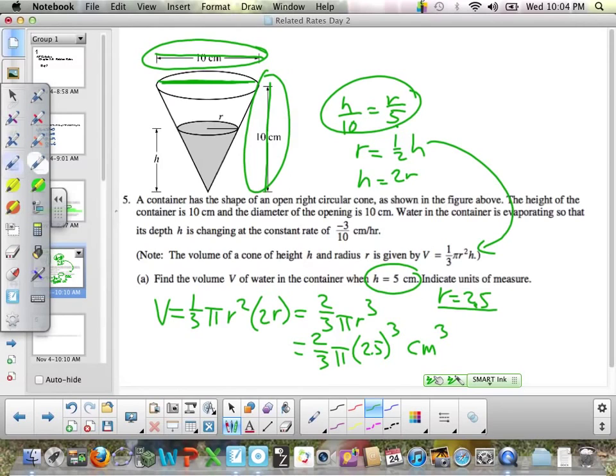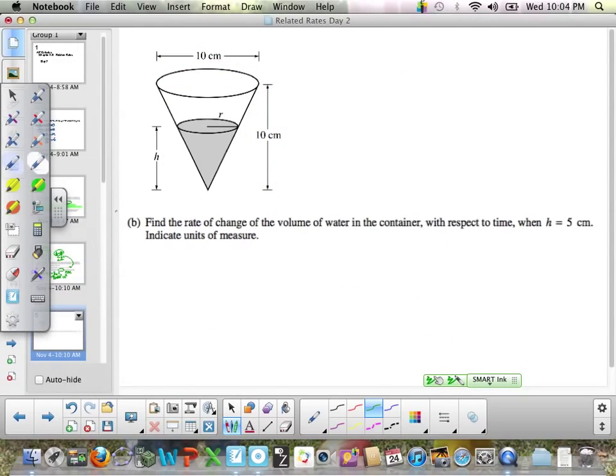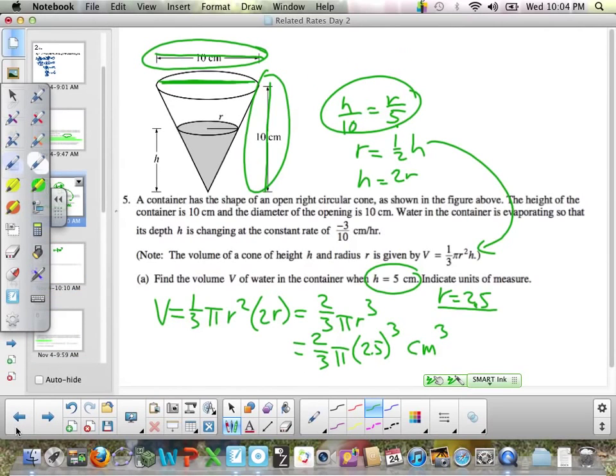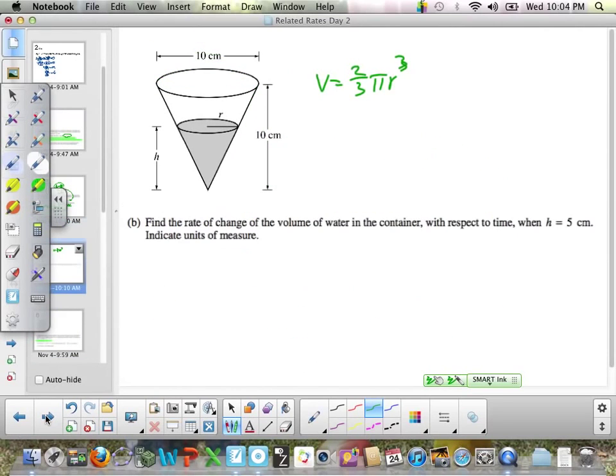All right? So let's take that. Remember our equation for volume in this was 2 thirds pi r cubed. And if we go back and look, oops, wrong way. H is 2r. All right, find the rate of change of volume. So we're looking for rate of change of volume. That's the change in volume with respect to time, dv dt, when h equals 5.